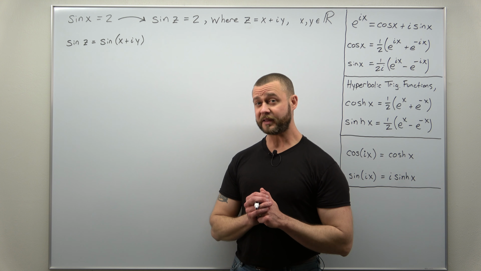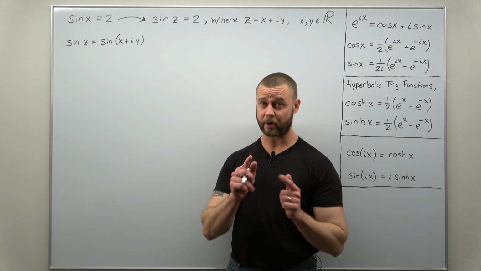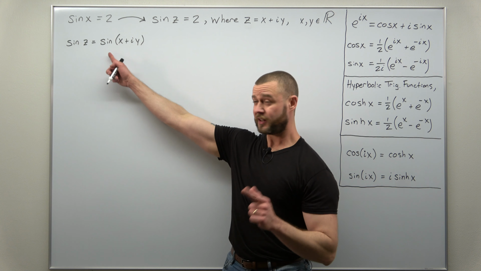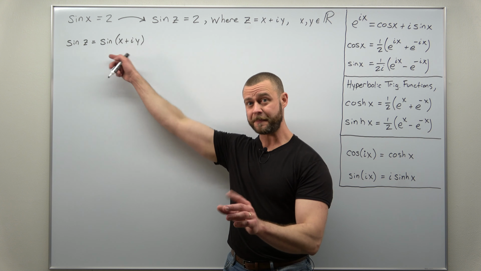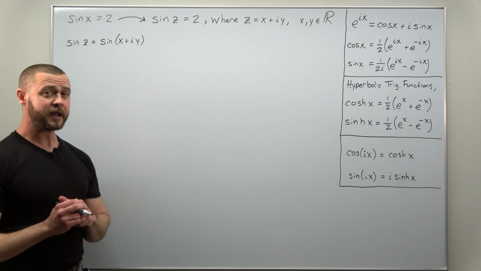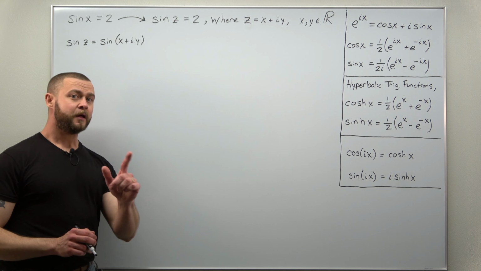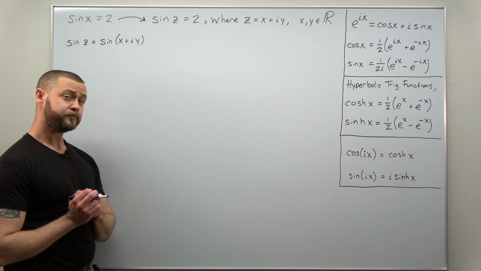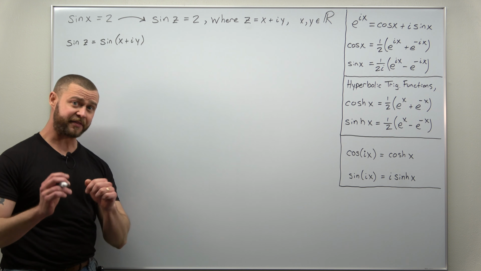Now that we have the expectation to look for complex solutions to our equation, sine of x equals 2, let's get to work in trying to understand sine of z, where z is the complex number x plus iy, where x and y are the real and imaginary parts, respectively. Now there's a few ways that you can do this mathematically.